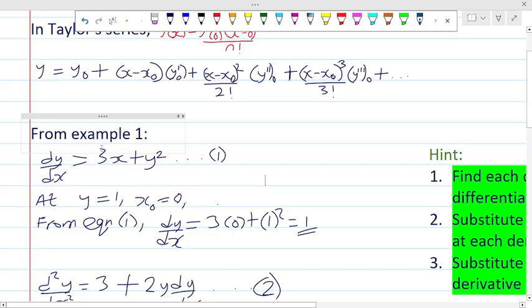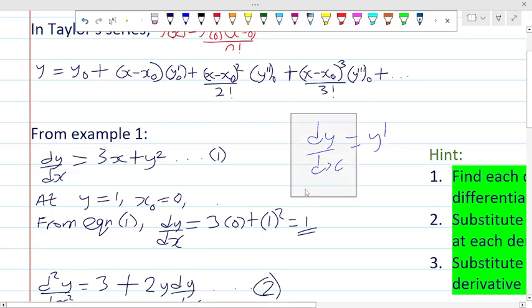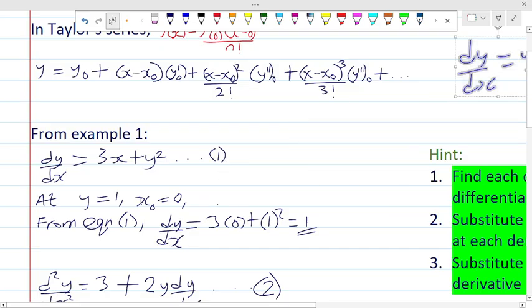Okay, put this aside. Alright, so at just y0 we'll put 1 there.